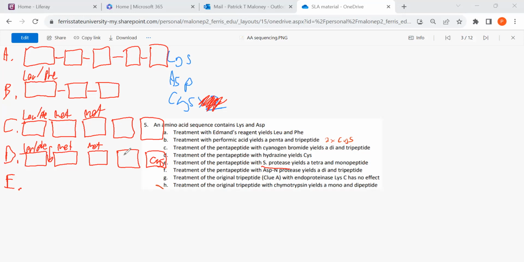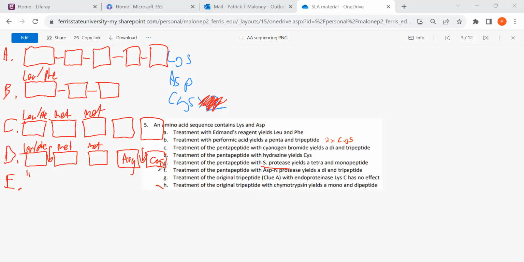Which means arginine has to be in box number 4, so we can cleave it here. Do we agree with that? Yes. Okay, cool. I was just making sure I didn't misspeak. Yeah. So E puts us there.